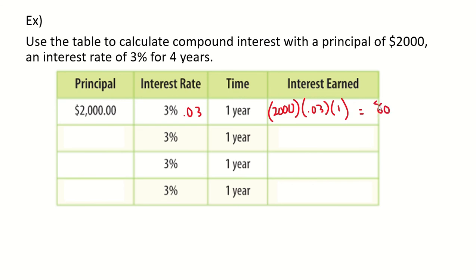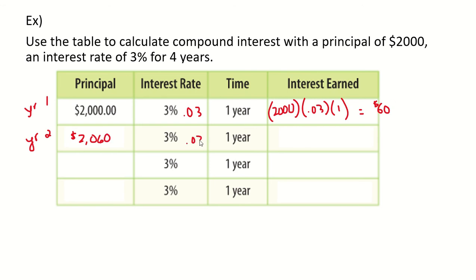What you're going to do is take this interest and add it on to the previous, so you had 2,000 to start with, plus you earned this extra $60. This would be year 1. Year number 2, you are not starting off with 2,000 again. You're starting off with $2,060, right? Your principal and your interest.